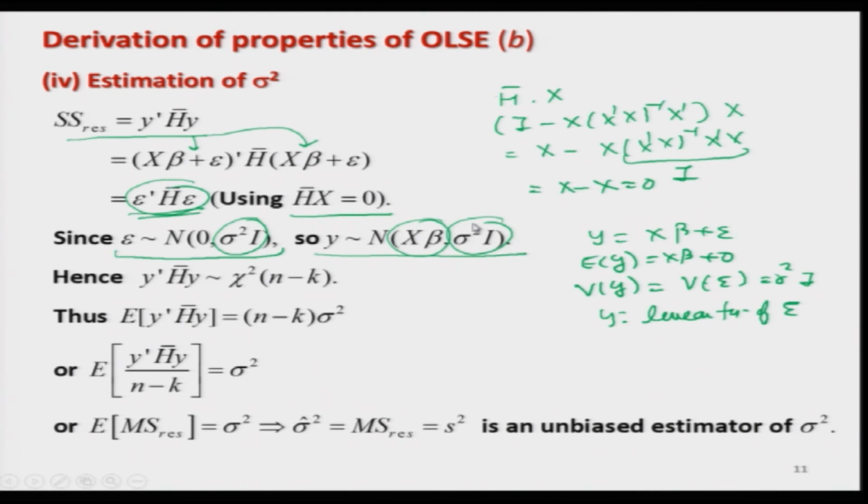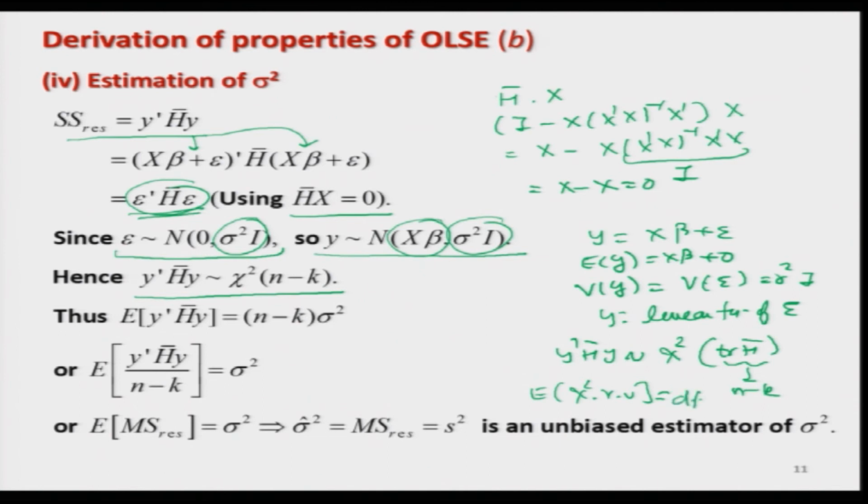And we also know from the properties of quadratic forms that y transpose h bar y will follow a chi-square distribution. Actually, the rule here is that y transpose h bar y will follow a chi-square with degrees of freedom equal to the trace of h bar. The trace of h bar you have already found to be n minus k. So this will follow a chi-square distribution with n minus k degrees of freedom, and we know that the expectation of a chi-square distributed random variable comes out to be the same as its degrees of freedom.